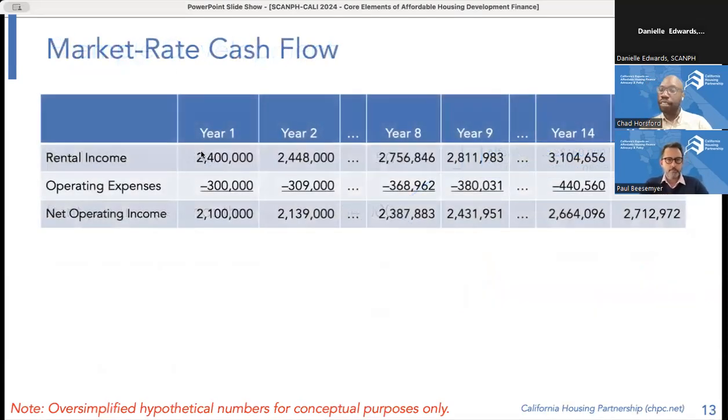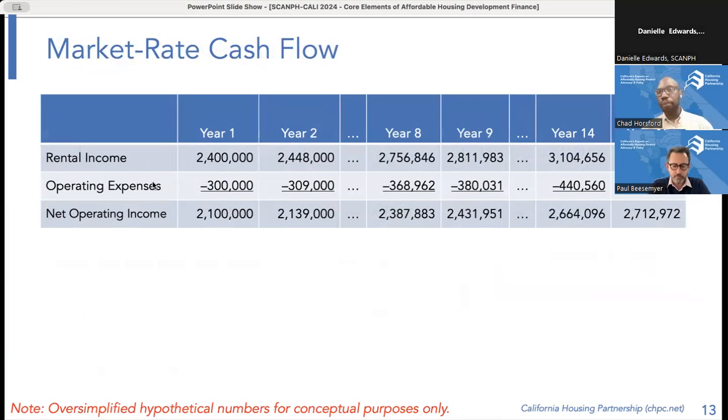But based on $4,000 rents per unit, a 50-unit building can generate about $2.4 million in income a year. We're starting in year 1, and we assume that their rental increases every year, so that number would go up year by year.